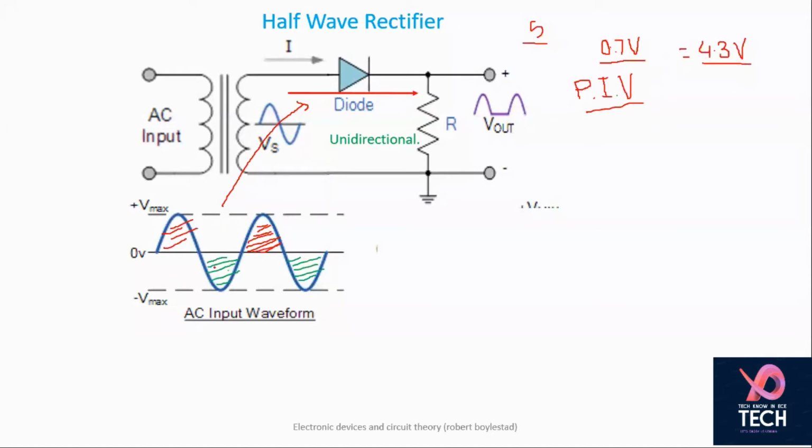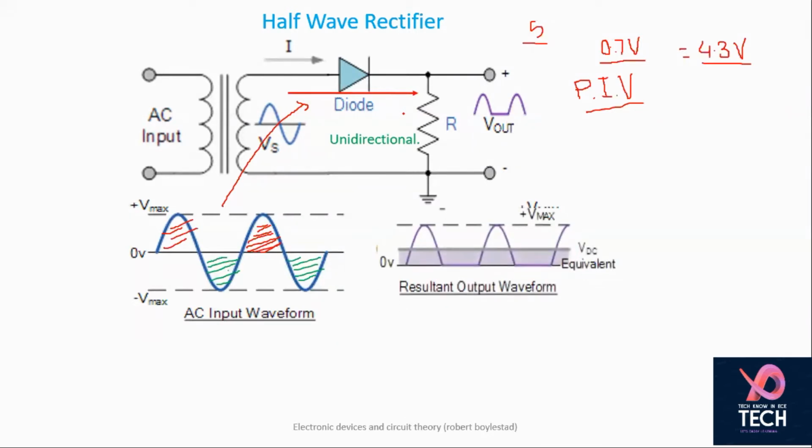For the negative cycle, this diode gets reverse biased and the entire voltage will be applied across the diode. So we come to a term called peak inverse voltage, the maximum voltage your diode can withstand when you apply a negative potential, when your device is reverse biased.